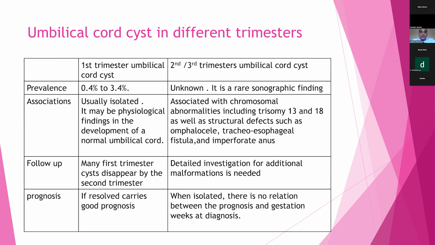In the second or third trimester, detailed investigation for additional information is needed to exclude any associated trisomies or IUGR. The prognosis for the first trimester umbilical cord cyst, if it resolves, is good. In the second or third trimester, when isolated, there is no relation between the prognosis and gestational weeks at diagnosis.